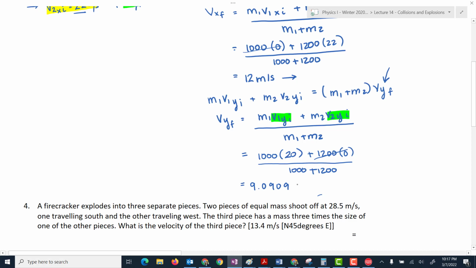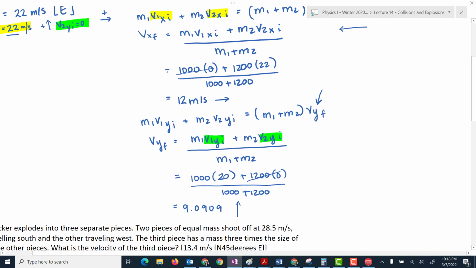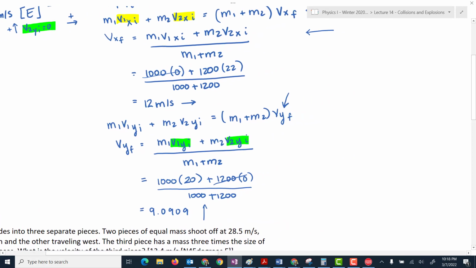Okay. So now that's the y component of my velocity, and since it's positive, it's pointing upwards. Okay, so now we know our x component is 12 meters per second to the right. Our y component is 9.09 meters per second upwards, and now we just need to put those two vectors together.